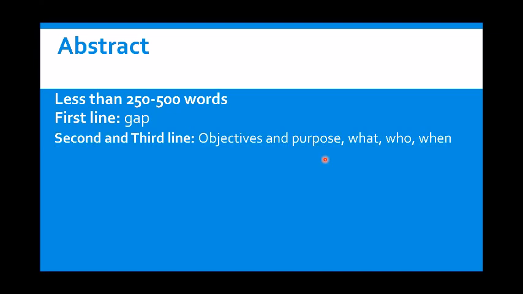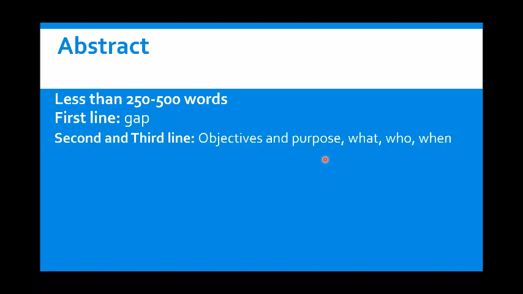Okay, so let's talk about the abstract. The abstract is usually somewhere between 250 to 500 words. The first line of the abstract tells you the gap, the area where the researcher wants to make a bridge between what is known and what is unknown.